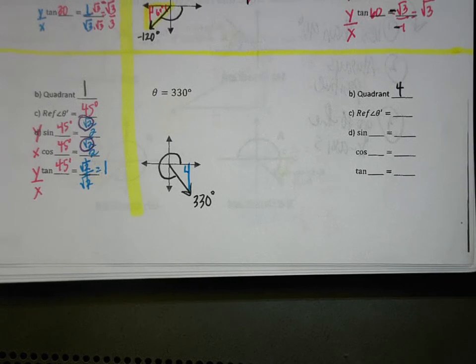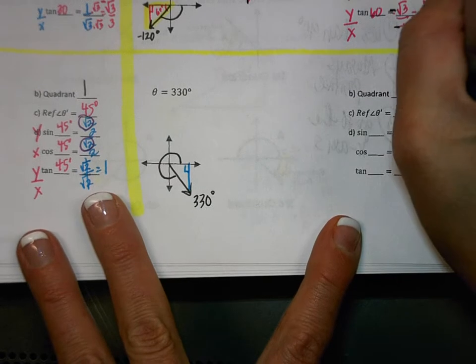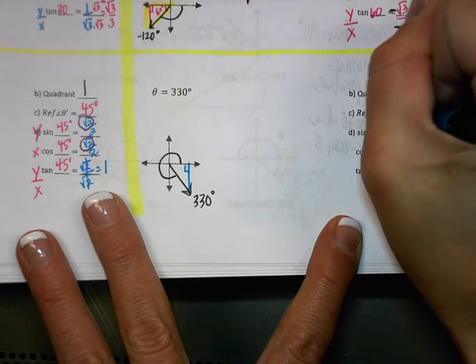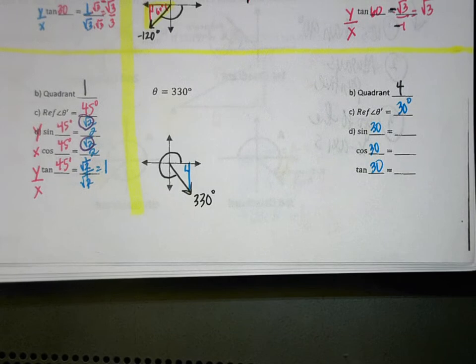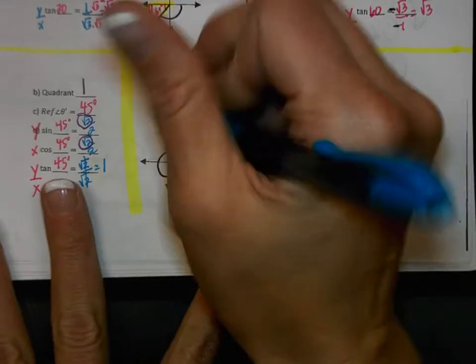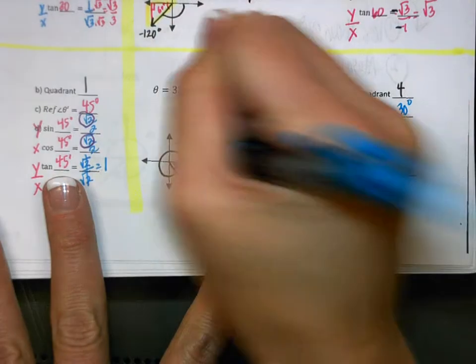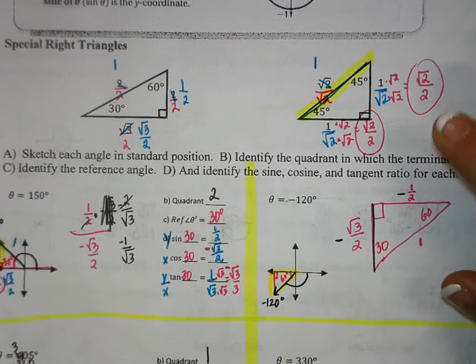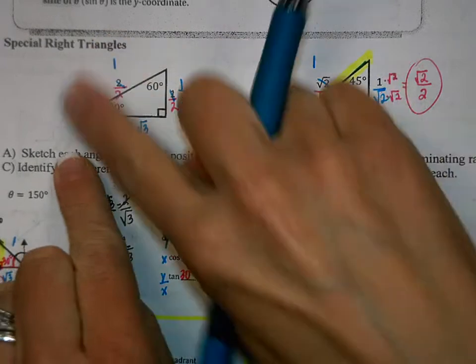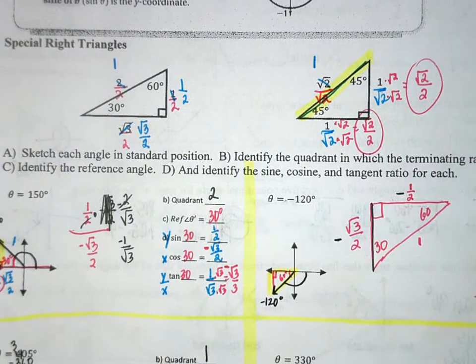So what's the reference angle? Good. So whatever your reference angle is, that's what you're taking sine, cosine, and tangent of, okay? Now, if this is 30 degrees right here, we go back to our triangle that we made up here. And so we have our 30, 60, 90 triangle, okay?